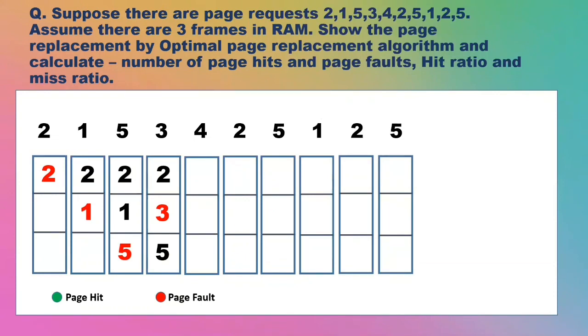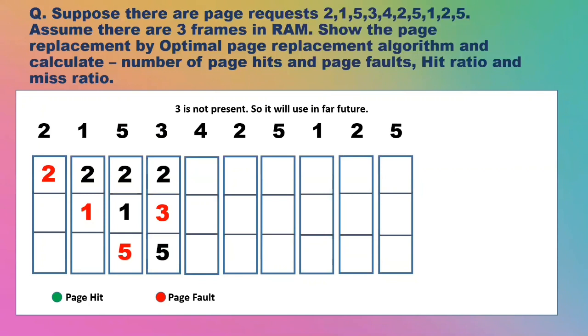And between 2, 3 and 5, which is used most later? Here 2 is present, 5 is present, but we can see that in the future 3 is not present in our page requests. So we assume that 3 will be used in the far future.